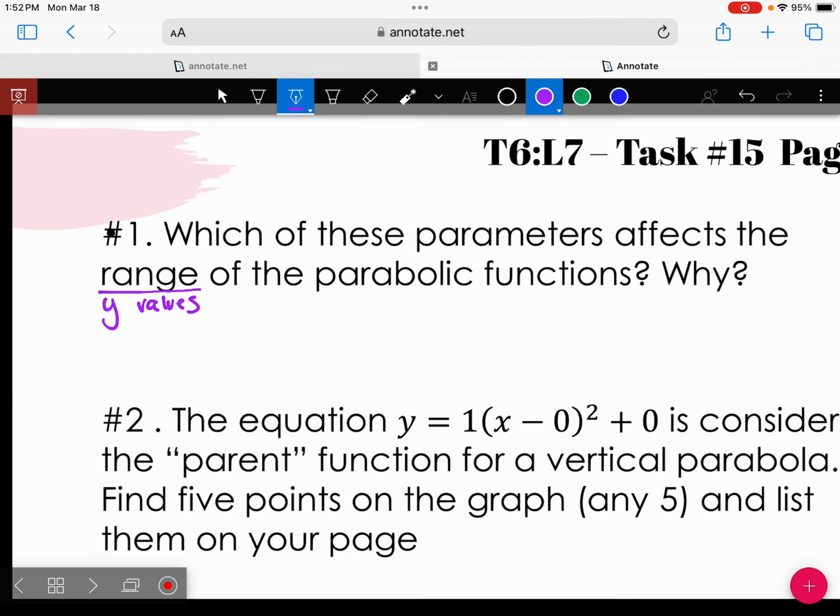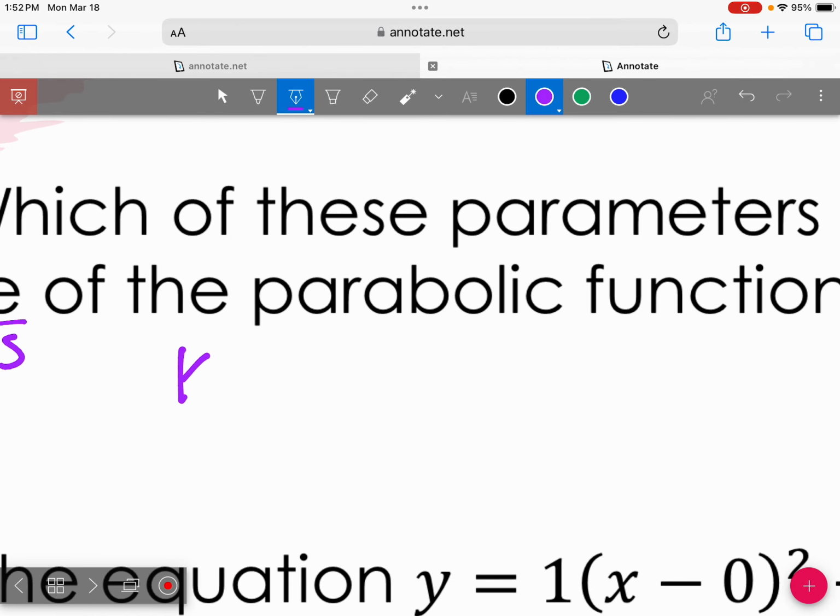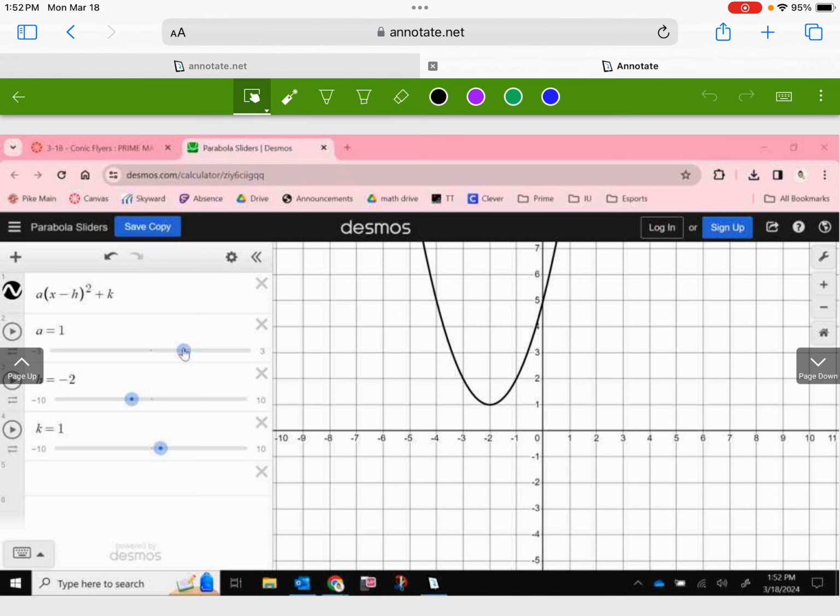The K. Why does the K affect it? It's not the y-intercept. Because it moves up and down. If I put it right on 2, it's determining the y value of my vertex. So no matter what, whether my A is positive or negative, my K is still involved with my endpoint.